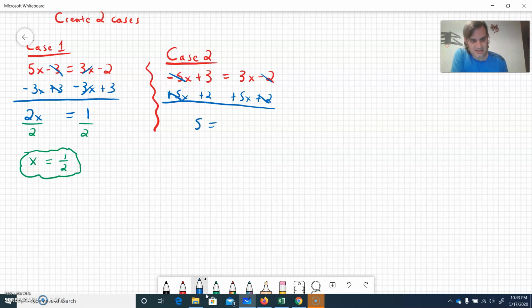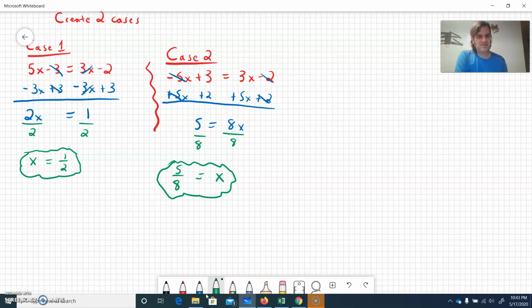I just like a positive x, but it's not necessary. So when I combine like terms, I get 5 equals 8x, which just means I'm at the point of dividing by the coefficient of 8. So I get x equals 5/8. So another delicious fraction to check.